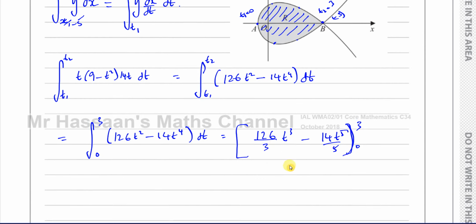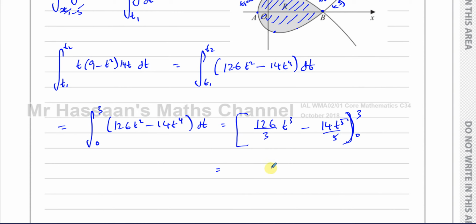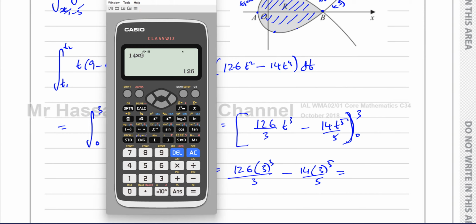That will give me half of the area that I want. So I'm going to put 3 in here: 126 times 3 cubed over 3 minus 14 times 3 to the power 5 over 5. And that will give me the answer, but it will be half my area.